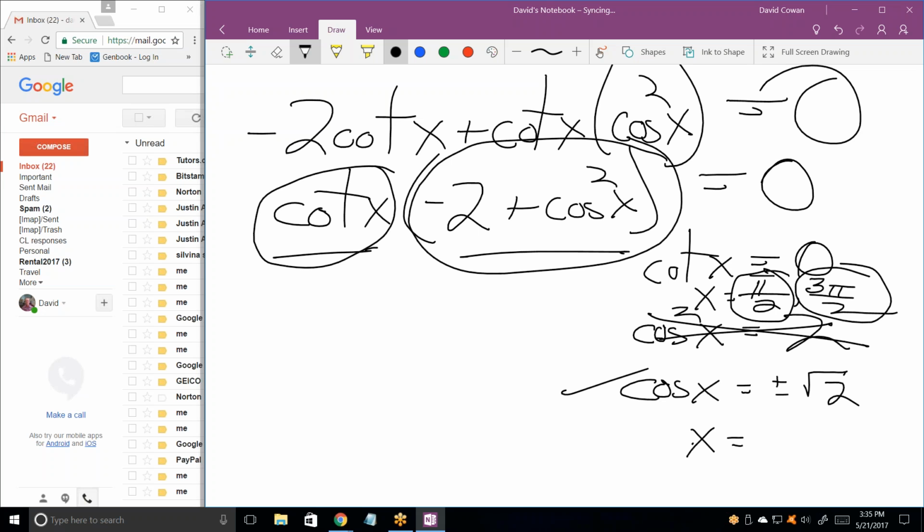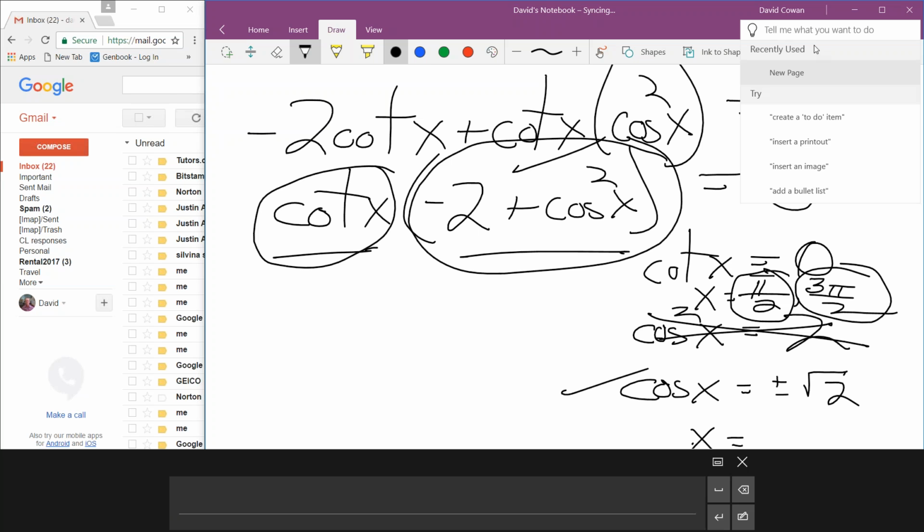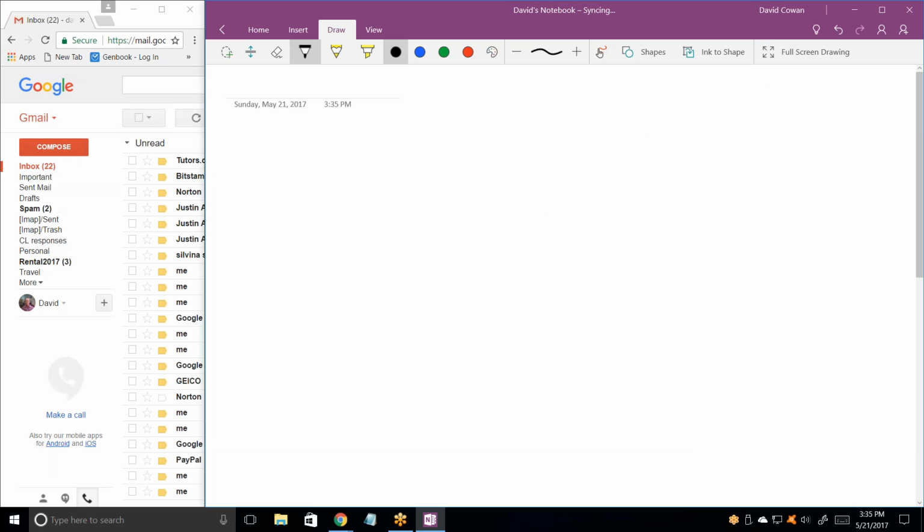Well, we were able to make cotangent x equal to 0, and we were not able to make that equal to 0. That's fine. It doesn't have to both be 0. And whenever you come up with extraneous solutions, that's really the mathematical principle underlying it, is that only one of them has to be 0.